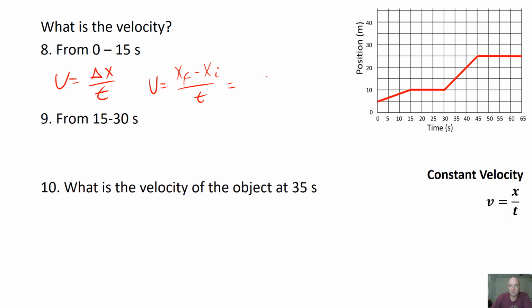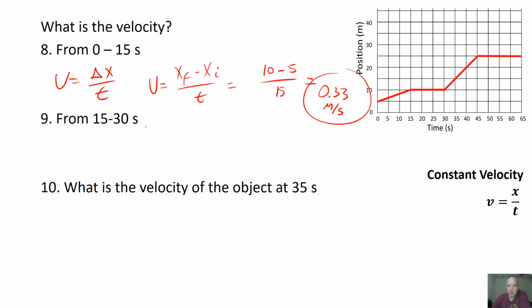I'm going to take that final 10 minus 5 and put that over 15 seconds. So 10 minus 5 equals 5, divided by 15 equals 0.33, and that's going to be meters per second.